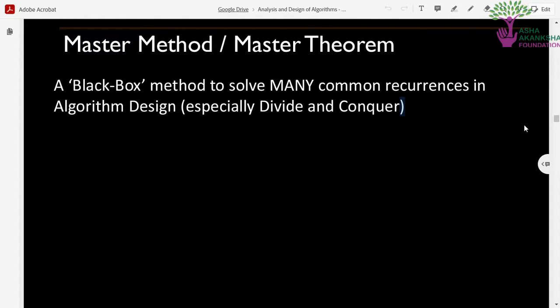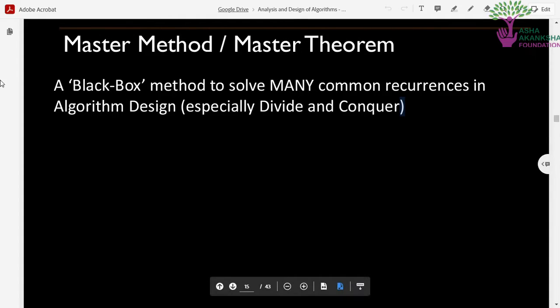It can be said to be a black box which takes an algorithm and gives us its time complexity. It is mainly used for calculating the time complexities which involve recursions or the divide and conquer rules. In those cases only we use the Master's theorem or Master's method.